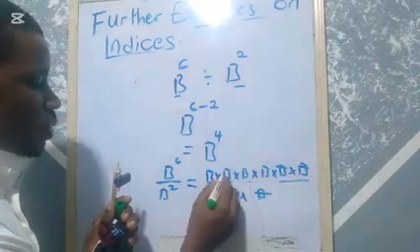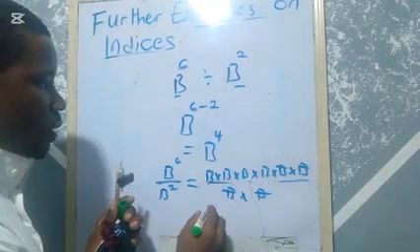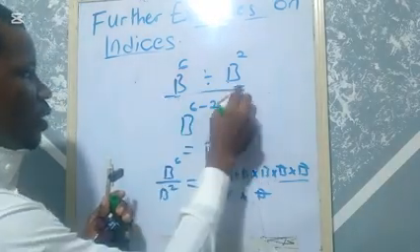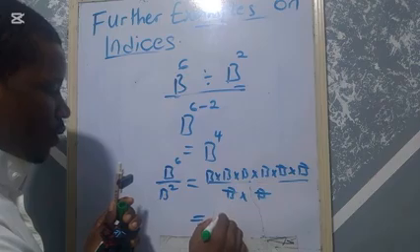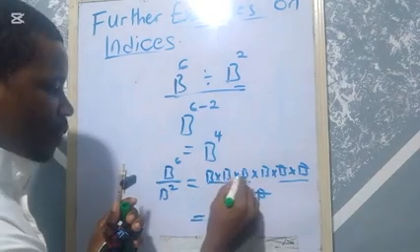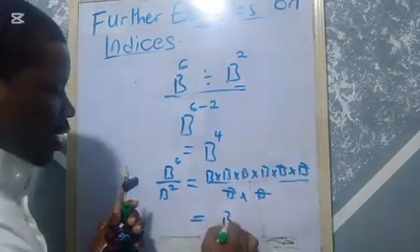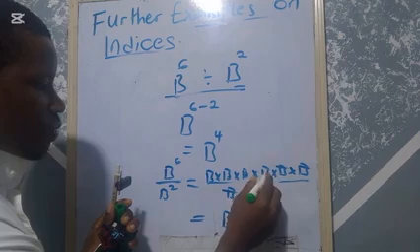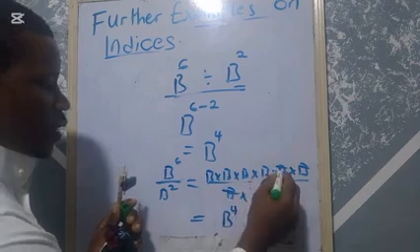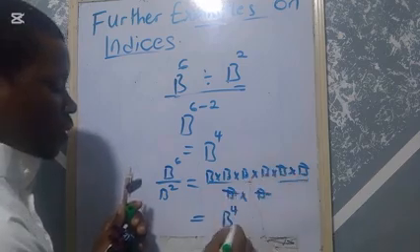We have 1, 2, 3, 4. So b is appearing 4 times, and we'll have b raised to power 4. So this is the answer.